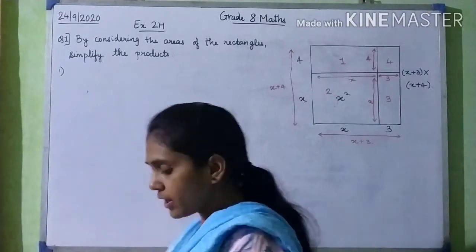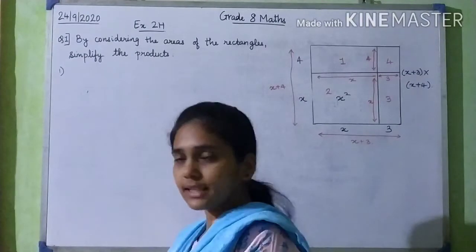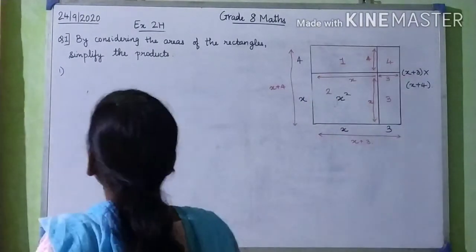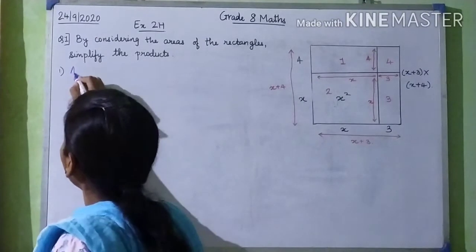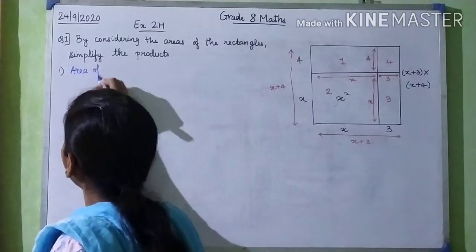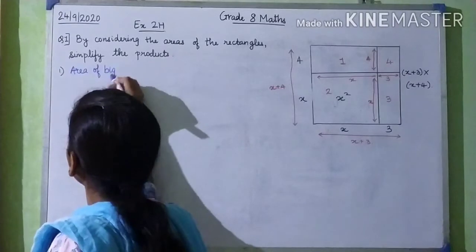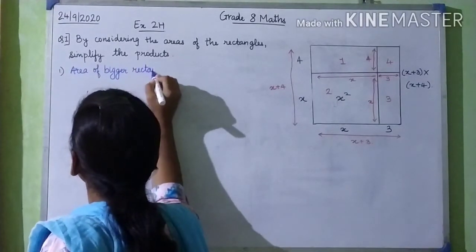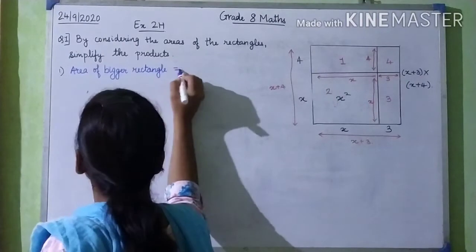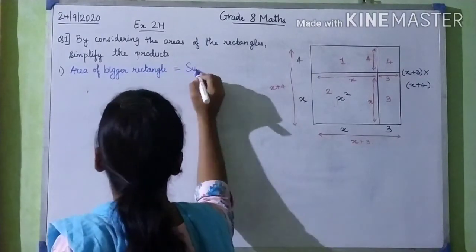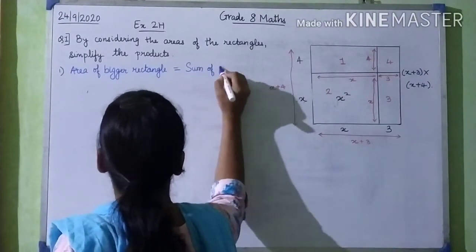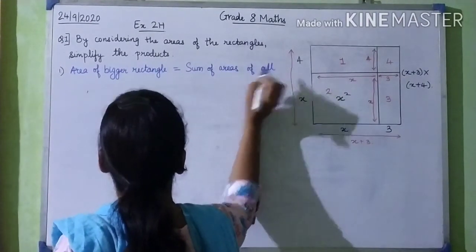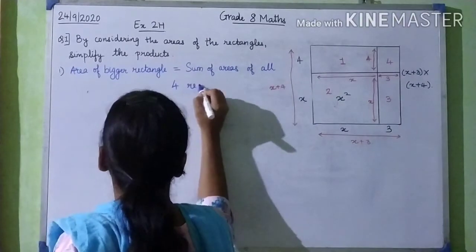First I will write the basic thing, that is, the area of the bigger rectangle is equal to the sum of areas of all 4 rectangles.